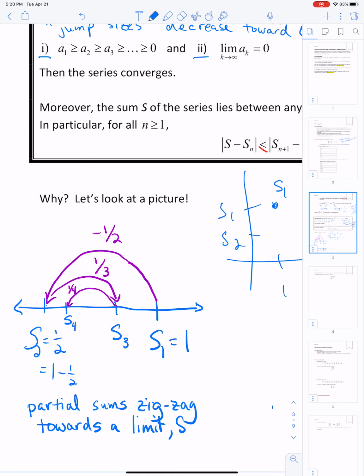They zigzag towards some limit S because the jump sizes decrease to 0, or decrease toward 0, I guess I should say.